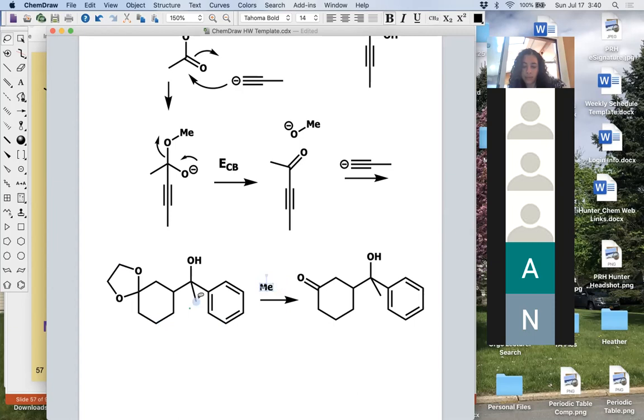So this methyl group, is that what you're talking about? Mm-hmm. That's in the starting material. It's a methyl ketone. So that methyl group is just going along for the ride. It's a ketone becoming a tertiary alcohol.